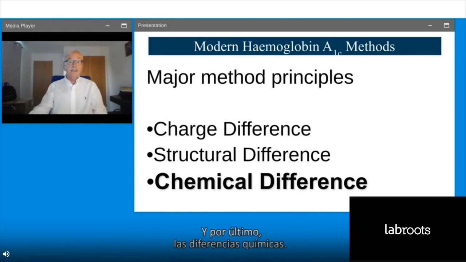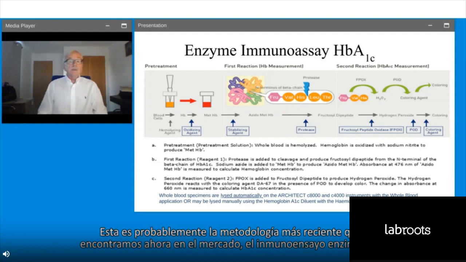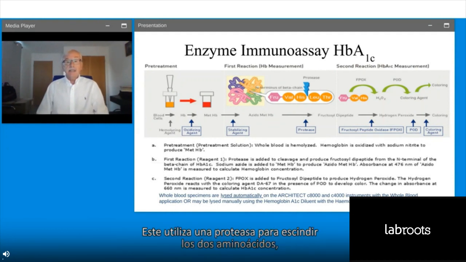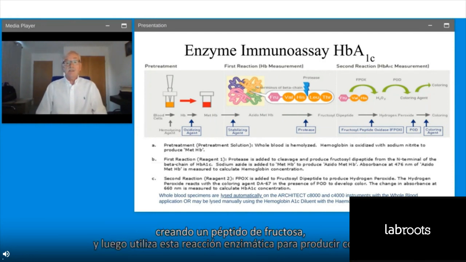And finally, chemical differences. This is probably the most recent methodology you find now on the market, enzyme immunoassay. This uses a protease to cleave the 2 amino acids, creating a fructose dipeptide, and then uses this enzymatic reaction to produce color.